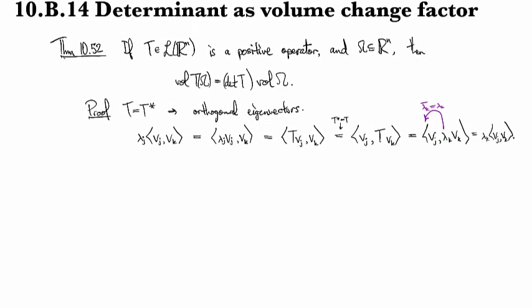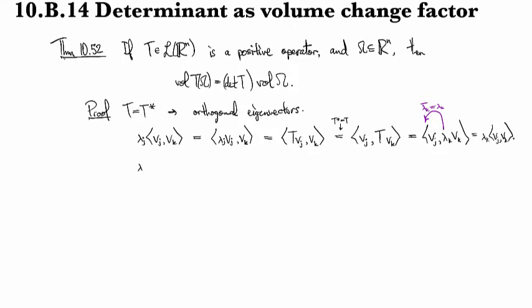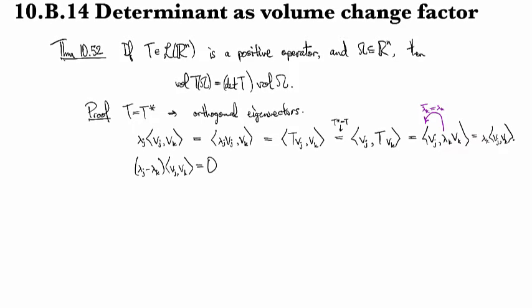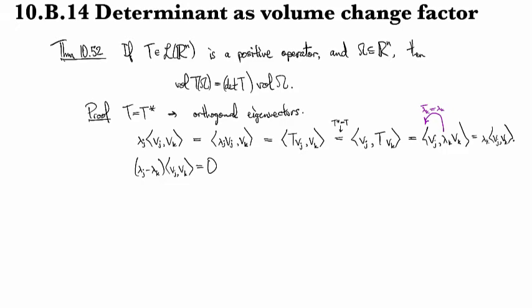Now from start to finish here, if I subtract the rightmost thing over to the left, then I have lambda j minus lambda k times vj vk equals 0, because the terms on the leftmost and rightmost side are equal, right?